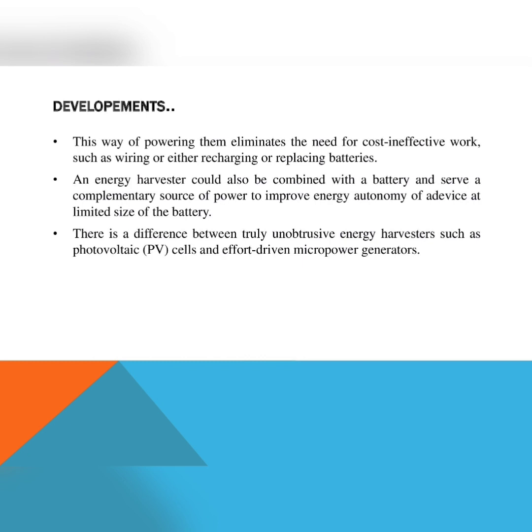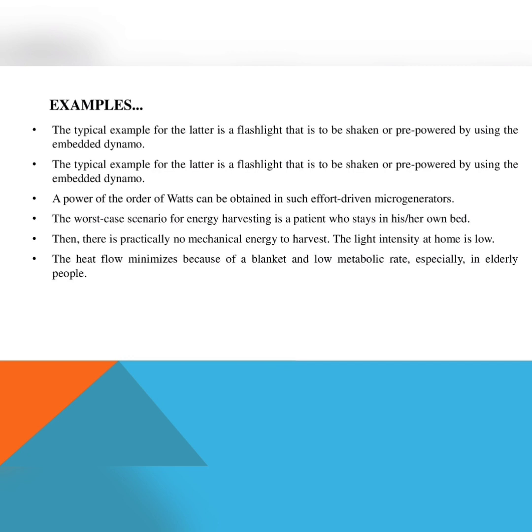There is a difference between truly unobtrusive energy harvesters such as photovoltaic cells, that is PV, and effort-driven micro power generators. The typical example for the latter is a flashlight that is to be shaken or pre-powered by using the embedded dynamo.